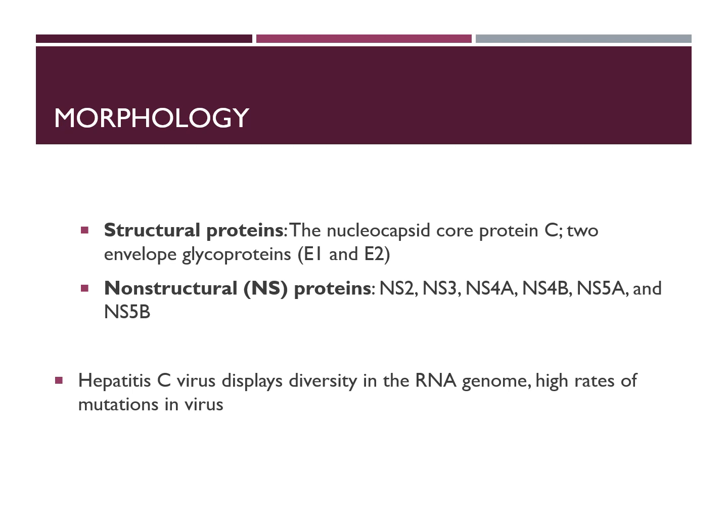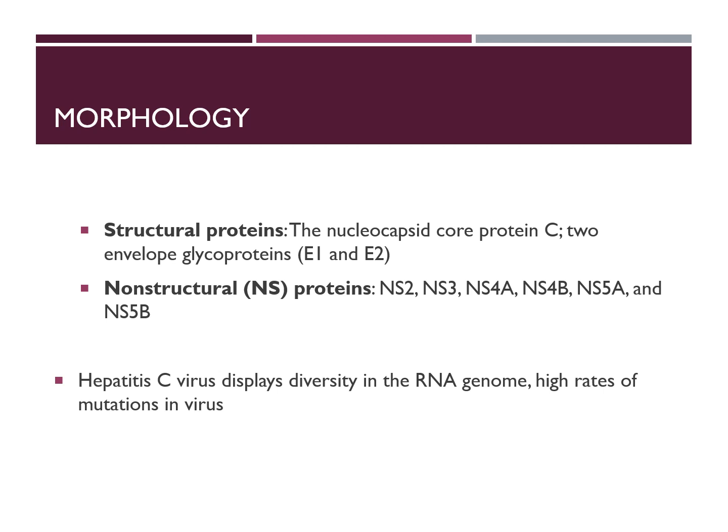In the structural proteins, there are three: one is C, the core protein, and two are the envelope proteins, E1 and E2. So C, E1, E2. Now the non-structural proteins are six: NS2, NS3, NS4A, NS4B, NS5A, and NS5B.